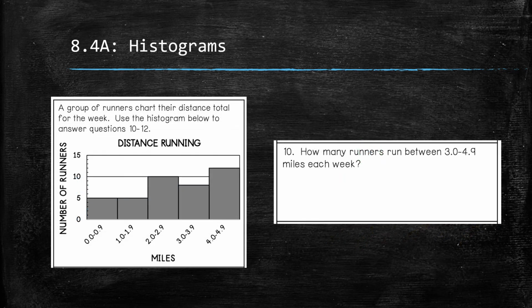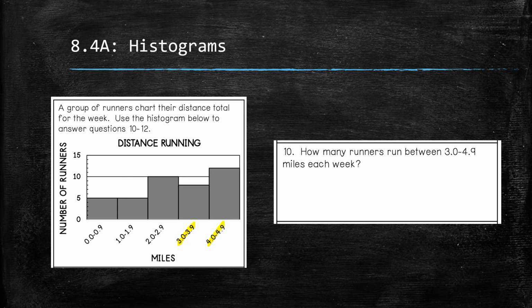We have a new histogram, distance running. We have the number of runners and the miles that they run. We're being asked to see how many runners run between 3 and 4 9/10 of a mile each week. So I'm going to look at my intervals down here. I have 3 to 3 9/10, and I want to go up to 4 9/10, so I'm going to include these two intervals.